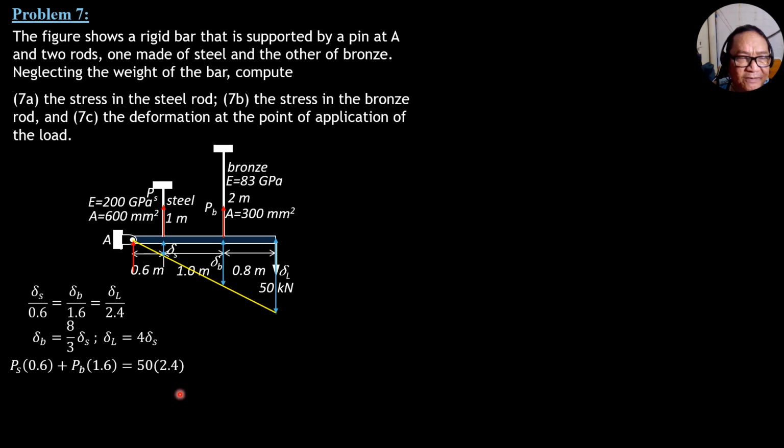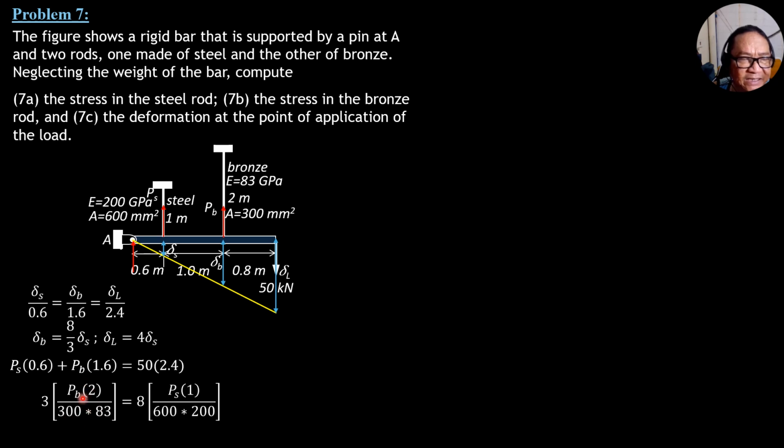So remember that deflection is force times length over AE, or stress times length over E. So from this relation, 3 times deflection of the bronze rod, and the deflection in the bronze rod is force in the bronze rod, length of the bronze rod, which is 2, over area 300, E 83 gigapascal.